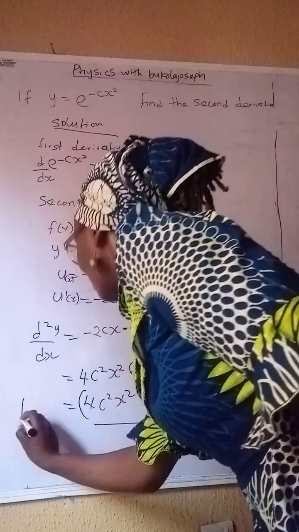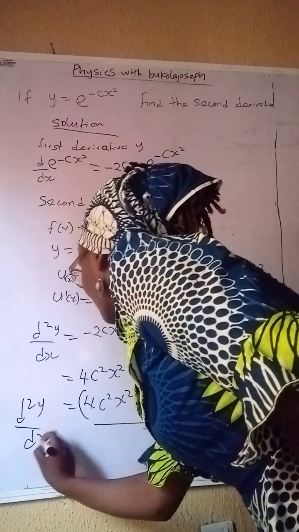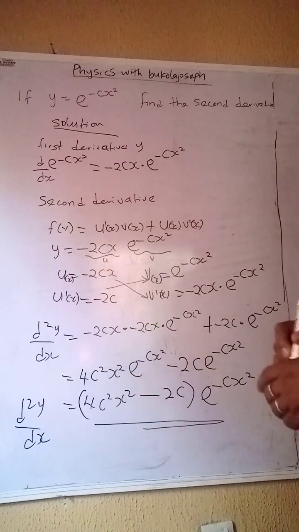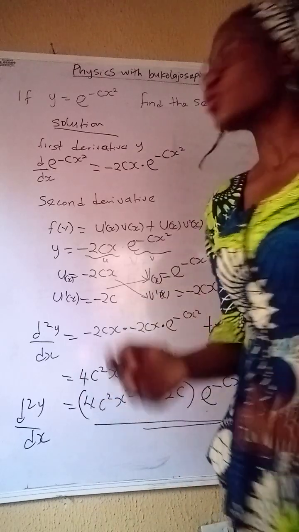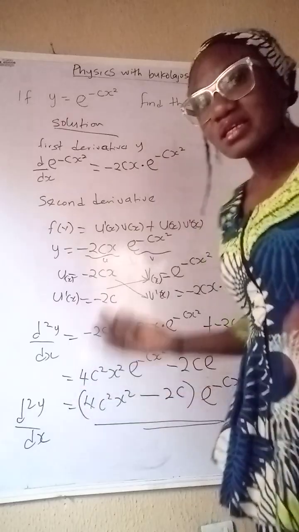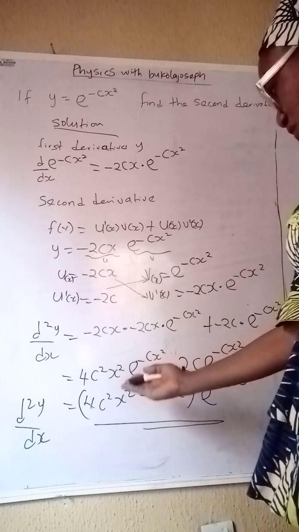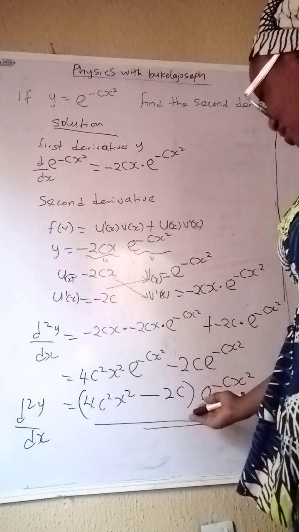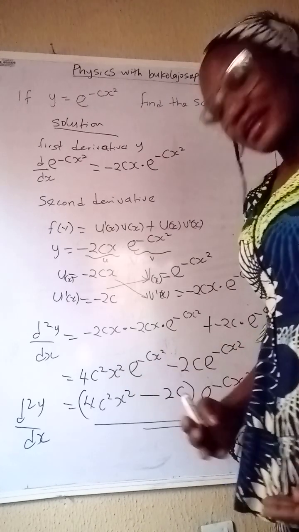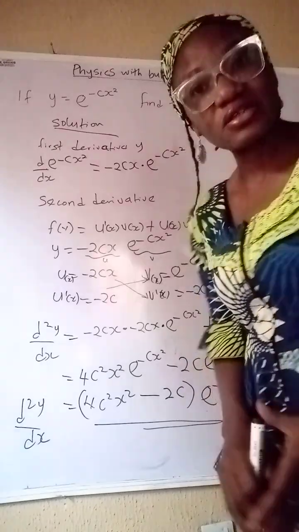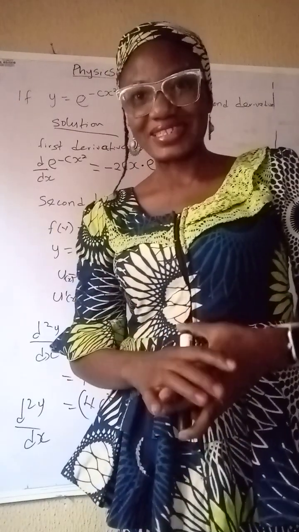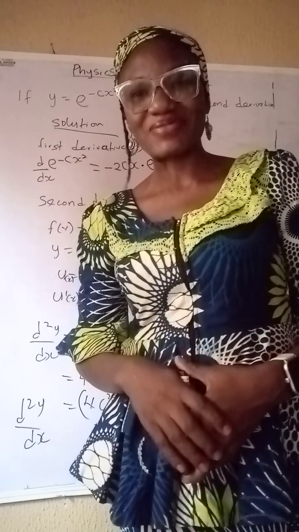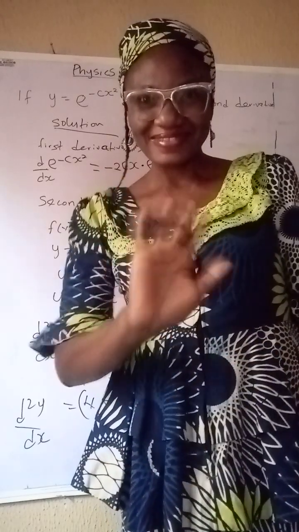Our second derivative of y equal to e^(-cx²) is equal to (4c²x² minus 2c) e^(-cx²). I hope you enjoyed today's breakdown on derivatives. I'm Steve Bukola Joseph, the physics enthusiast. Bye.